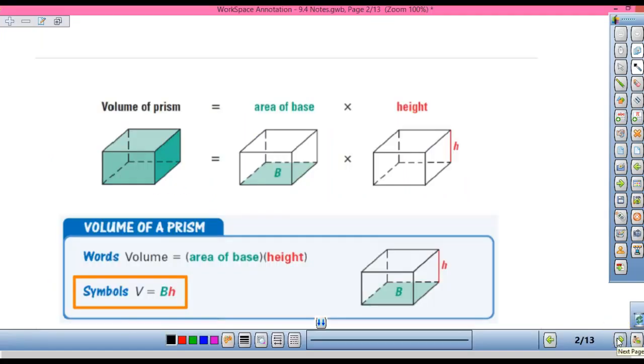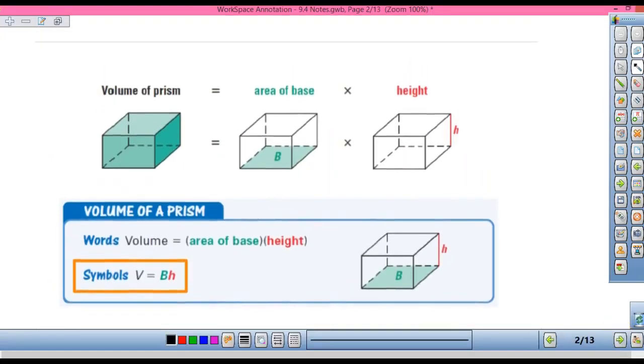All right? So I know that you have learned before that if you're finding volume of a prism, you just do base times height times width. That is exactly what you're doing when you do this formula right here. Volume equals area of the base times the height.